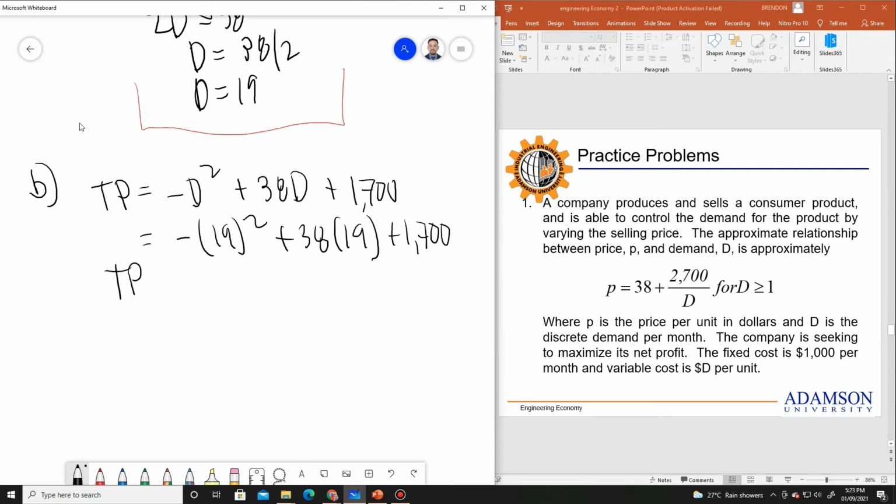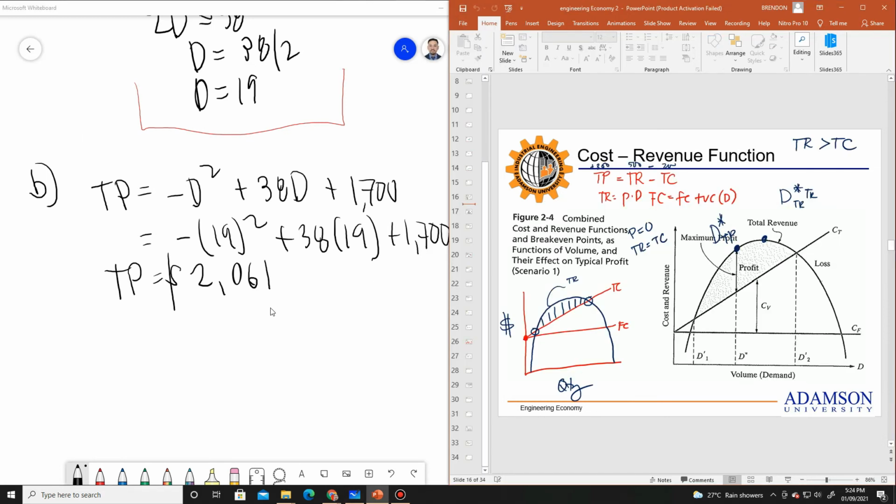Therefore, TP is equal to $2,061. So our profit when we produce 19 units will give us $2,061.